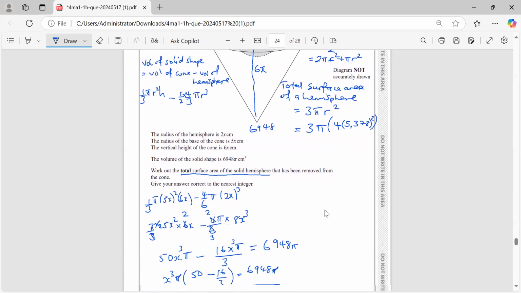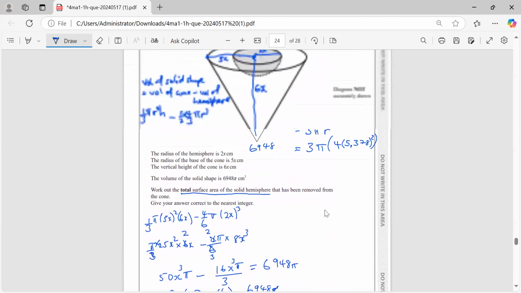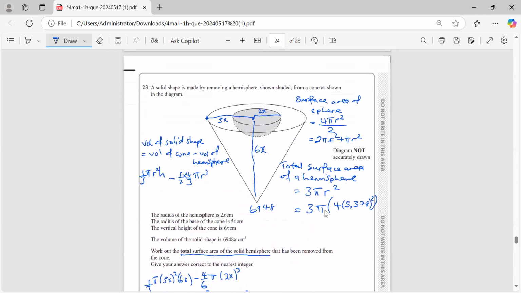Okay, so we're going to have that. Perfect. And then from there we can find the total surface area of the hemisphere, which is going to be 1090. And of course, it's square centimeters, isn't it? Square centimeters.